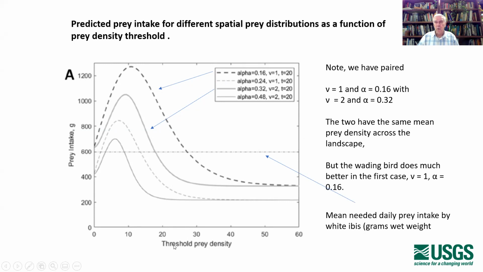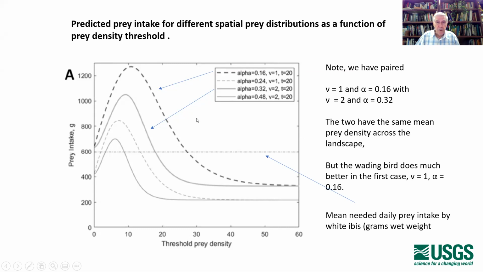So if this is what the wading bird is waiting to find, and given what that threshold is, this is the expected intake. This is done for various values of the gamma distribution, alpha and nu.